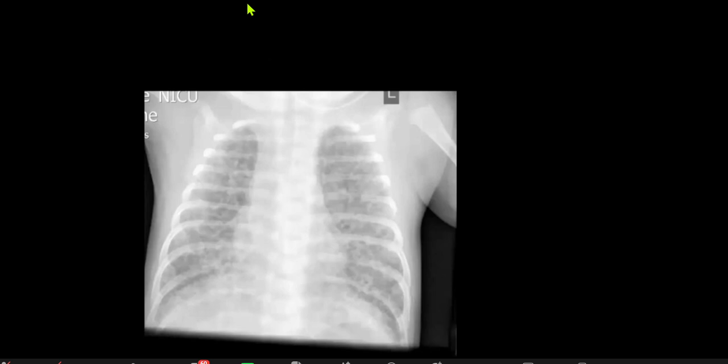Okay, we have another frontal neonatal chest radiograph. The striking abnormality is bilateral reticular shadowing throughout both lung fields. I would like to know the patient's clinical history, but if they have a history of mechanical ventilation, this might represent bronchopulmonary dysplasia-like changes.